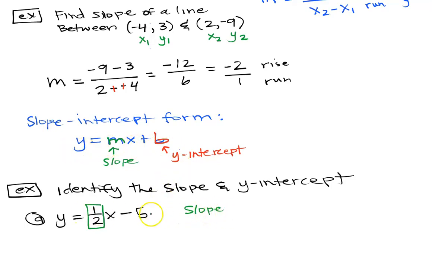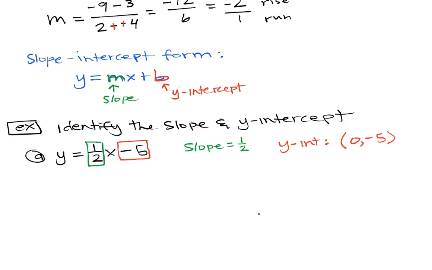Then we can pick out that slope really easily. So the slope is 1/2, and the y-intercept is -5, but it's going to ask you to write this as an ordered pair. With a y-intercept, x is 0, and y is the -5. So that's what it wants you to do, identify the slope and the y-intercept.